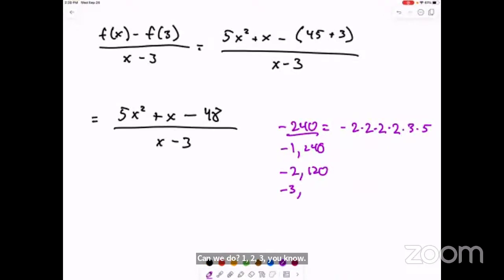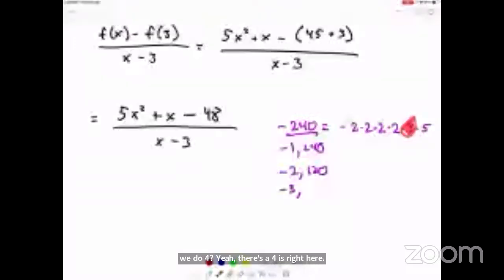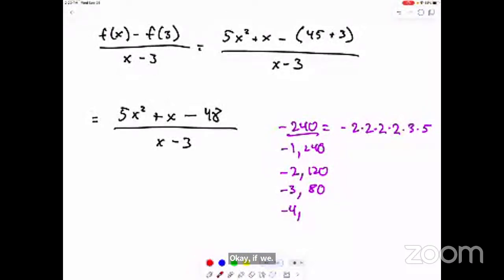If we use this 3, what's left over? 16 times 5 is 80. These add up to like 83, so we're going to keep going. Can we do 4? Yeah, there's a 4. If we use that 4, what's left over? 10 times 6 is 60. Yeah, that makes sense. I'm going to just keep going.